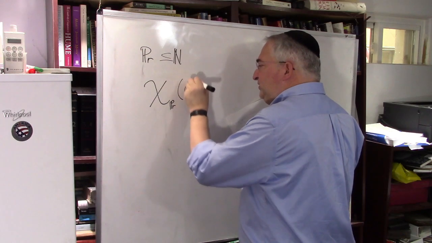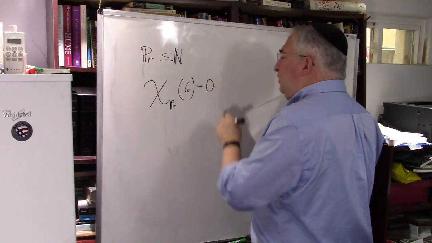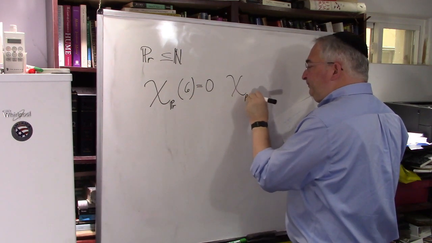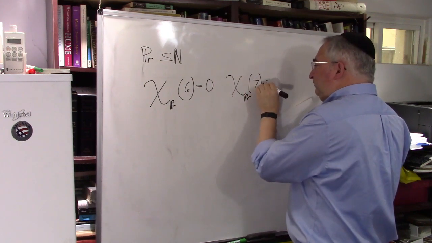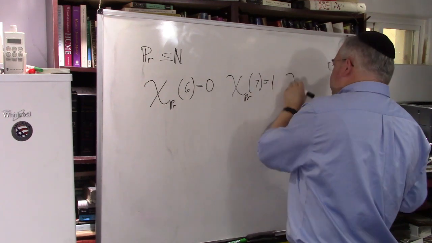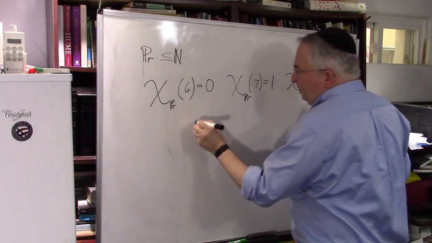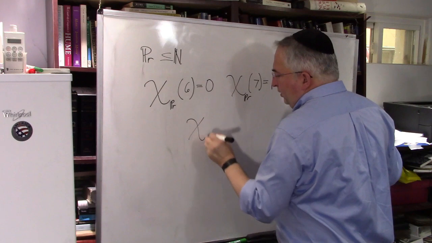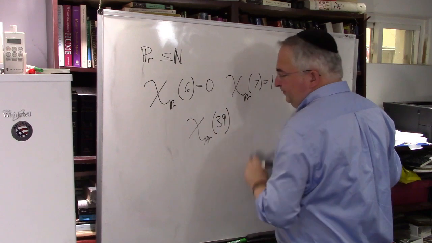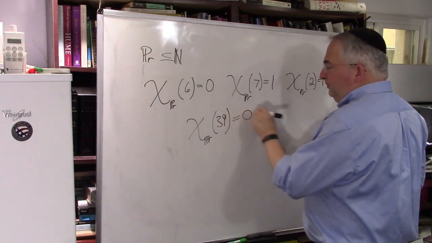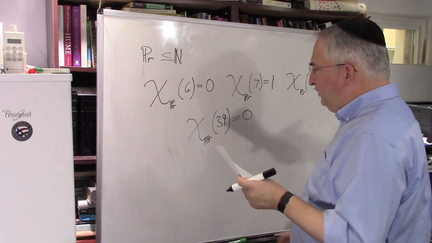The number 6: is 6 a prime number? The answer is no. But the number 7 is a prime number. The number 2 is a prime number. The number 39 is not a prime number. 39 is 3 times 13. Okay, great.